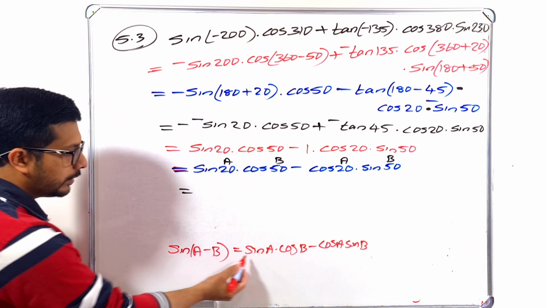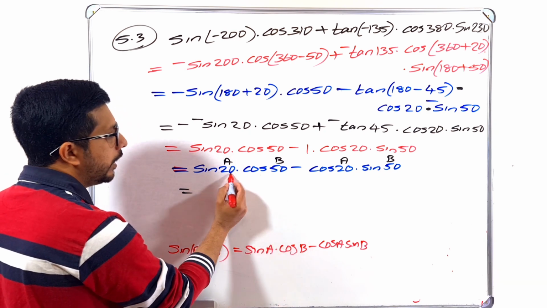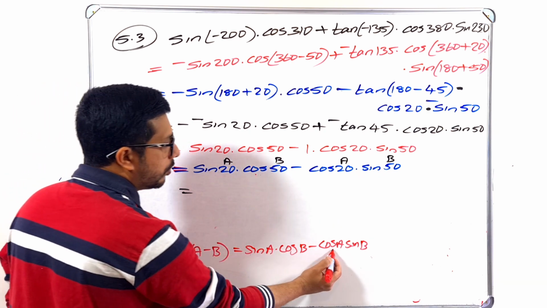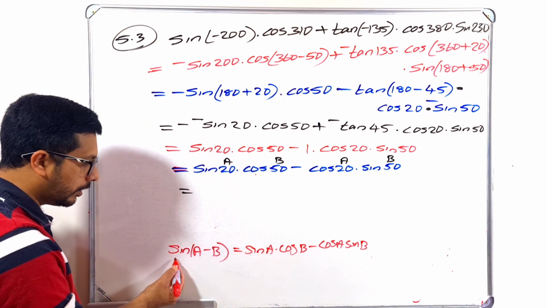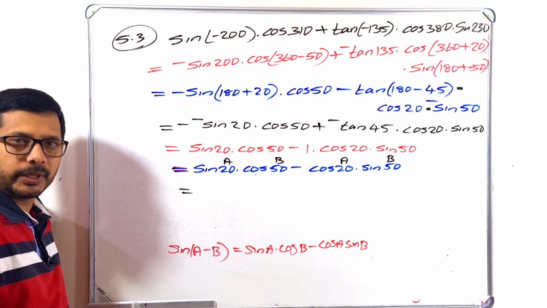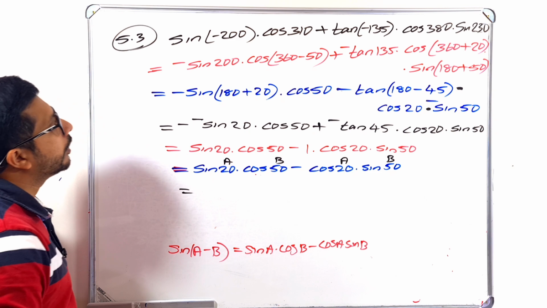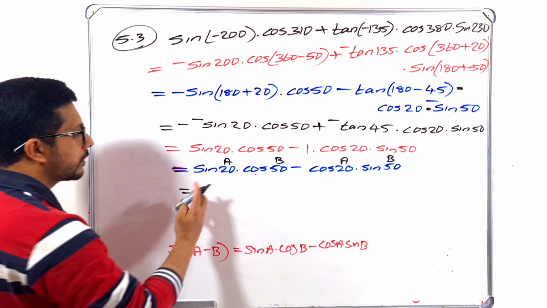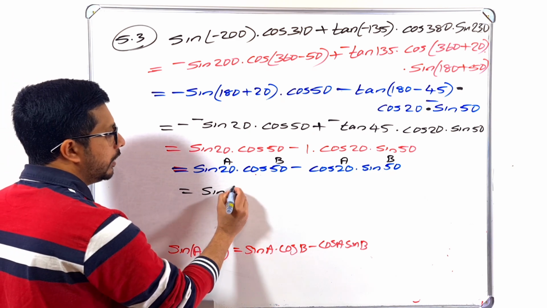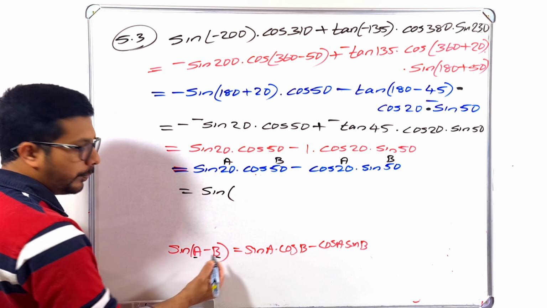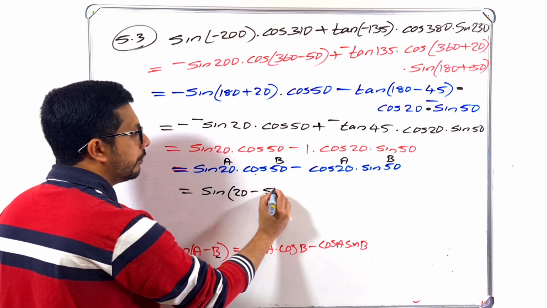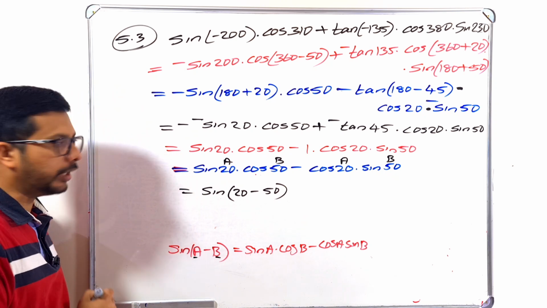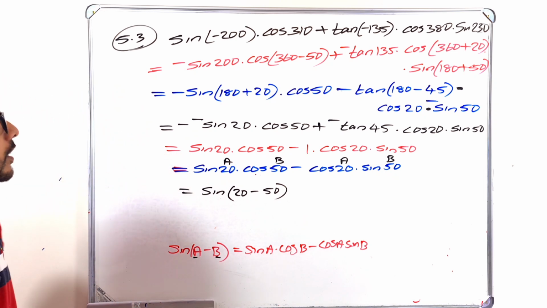So what can we write? Sin of A minus B. So here we can write it as sin of A minus B, where A is 20 and B is 50.